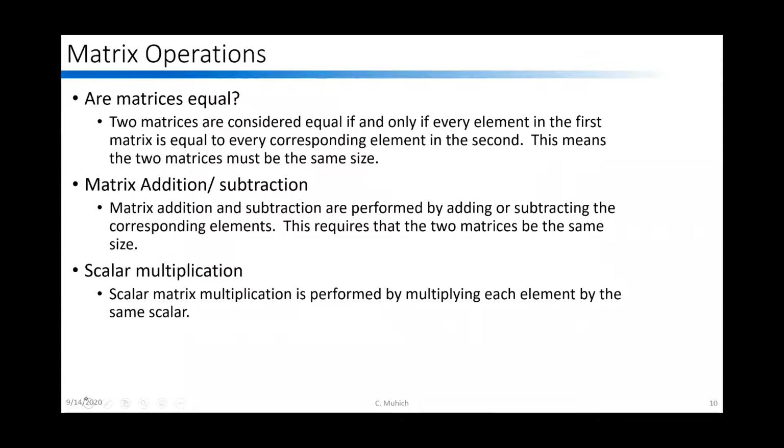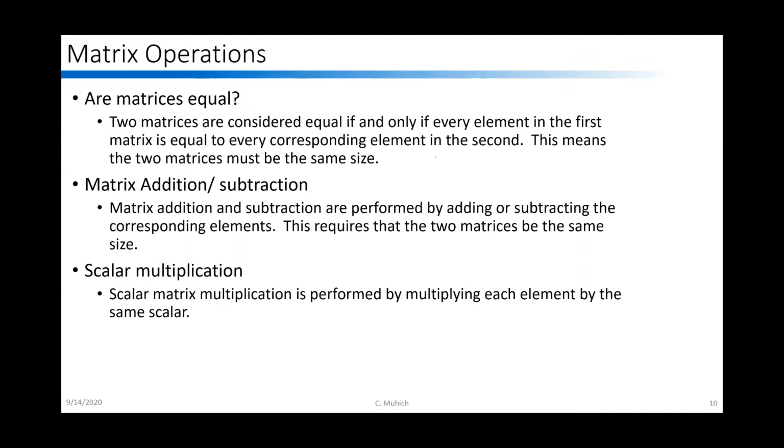Let's talk about matrix operations. So the first thing that we may want to know is, are two matrices equal? We say that two matrices are equal if and only if every single element in the first matrix is equal to every element in the second matrix.